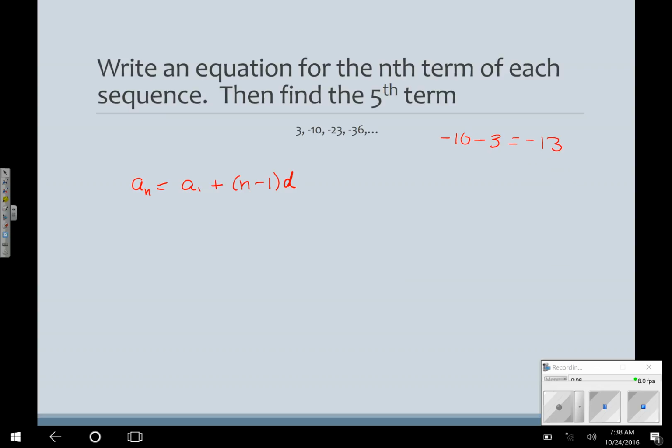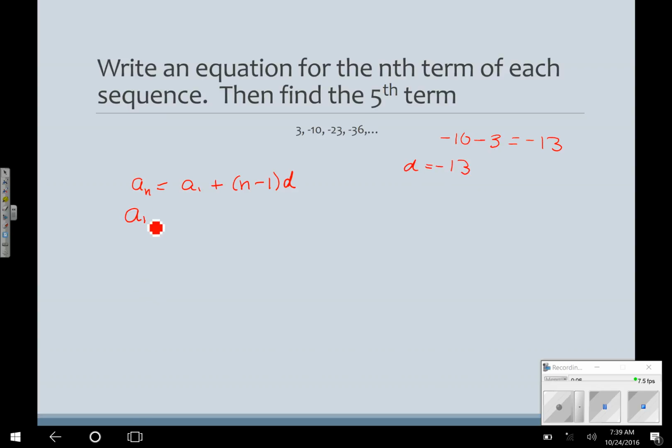So let's see if we're right. 3 minus 13 gives us negative 10. Negative 10 minus 13 gives us negative 23, and then minus 13 again gives us negative 36. So our common difference is negative 13.